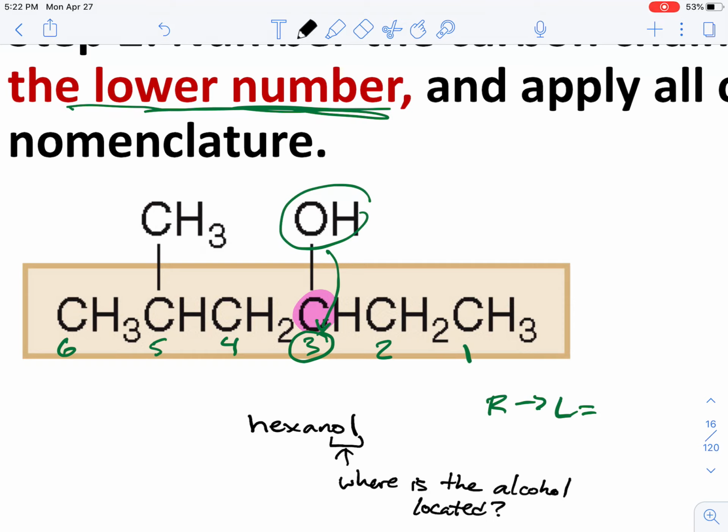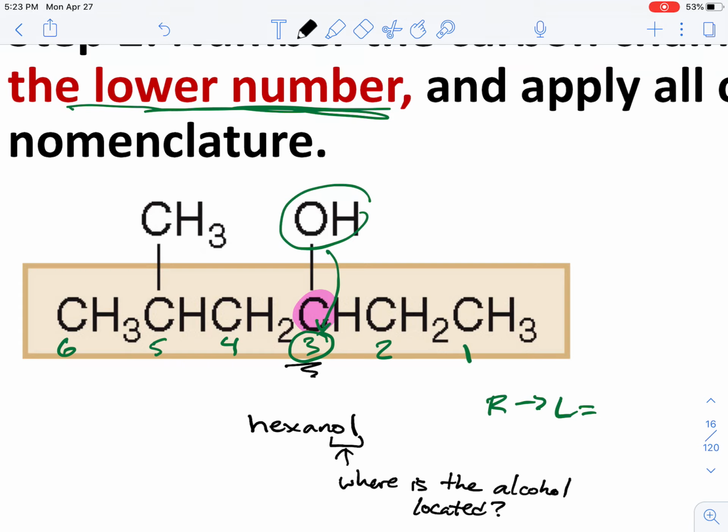Okay. And to do that, we need to signify what carbon number the alcohol is covalently bonded to. Well, here in this case, it's covalently bonded to the third carbon, according to this specific numbering scheme.